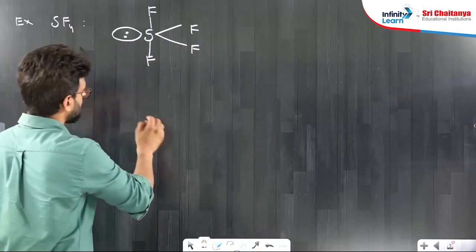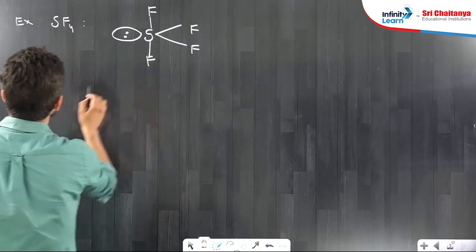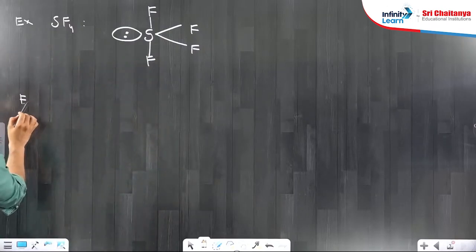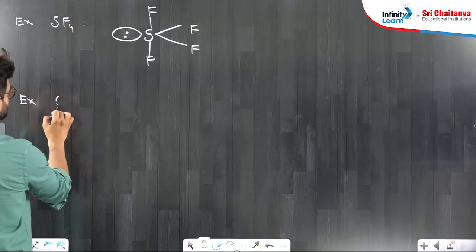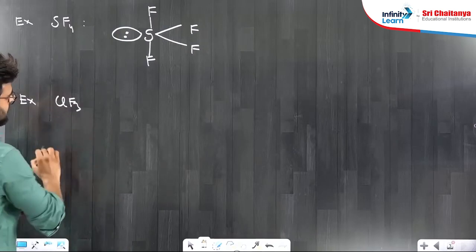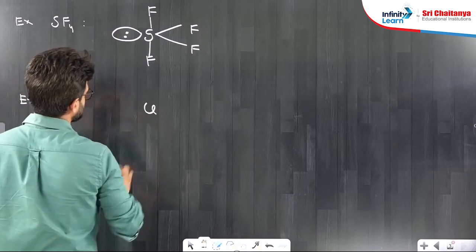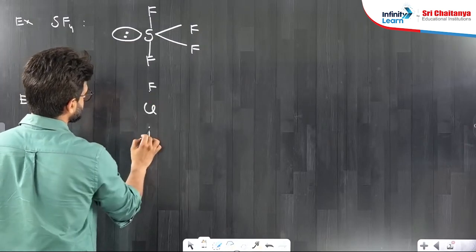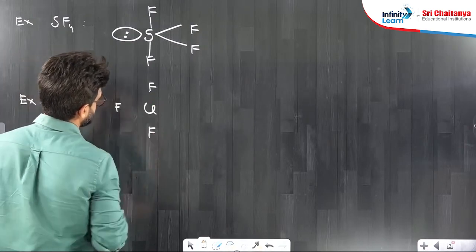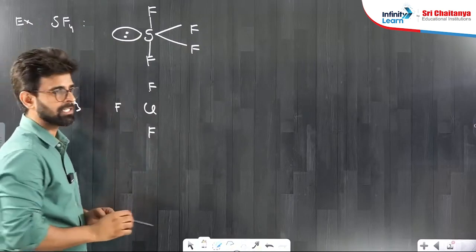Clear? So if you count for sulfur, okay, this is it. We will see the hybridization later. First I am writing. Next, you can take ClF3. Right? ClF3 here, Cl present, F3. So I am putting here 3 fluorines. Cl having 7 valence electrons.